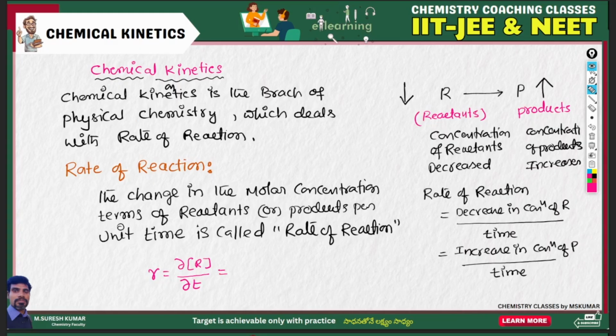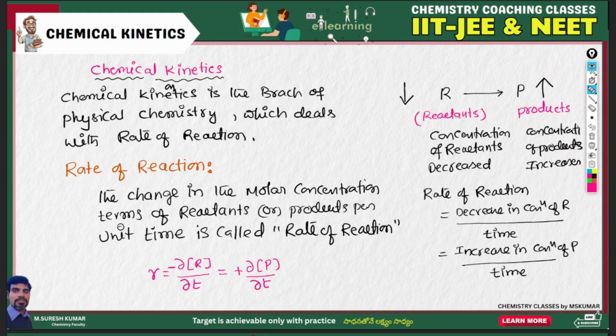Here the concentration of reactant decreases, so we write a minus sign. Similarly, the concentration of product increases, so plus ∂P by ∂t.